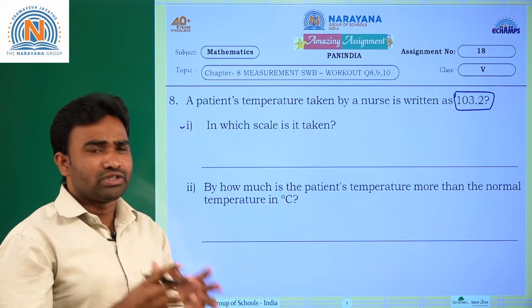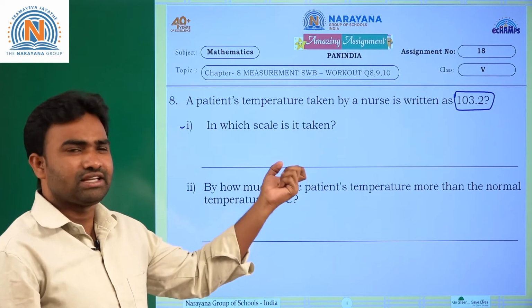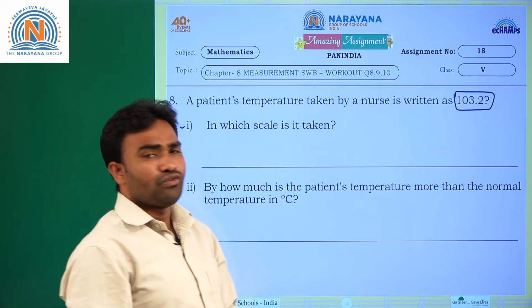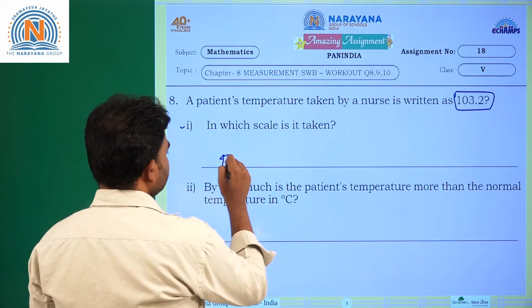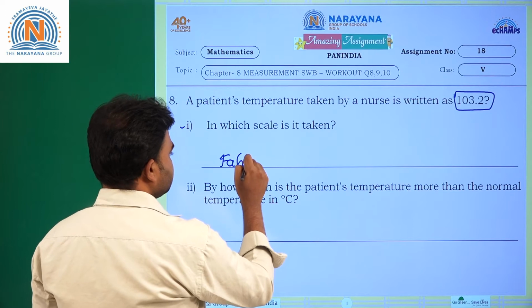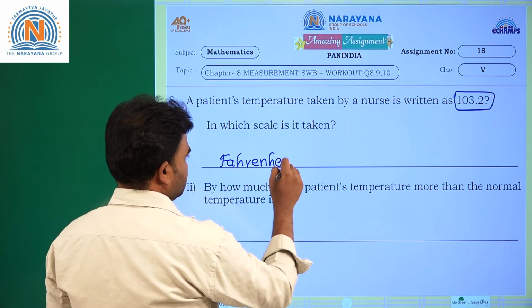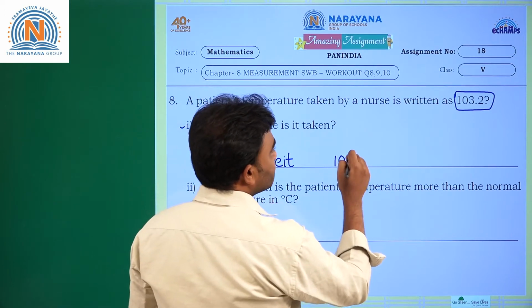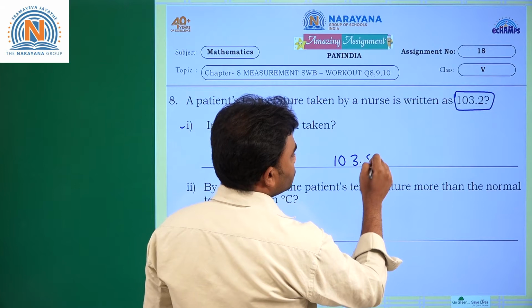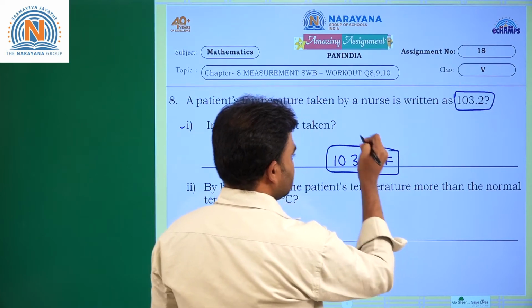Usually nurses in hospitals take the temperature in Fahrenheit only, so Fahrenheit is the answer. That means 103.2 degree Fahrenheit is the temperature.